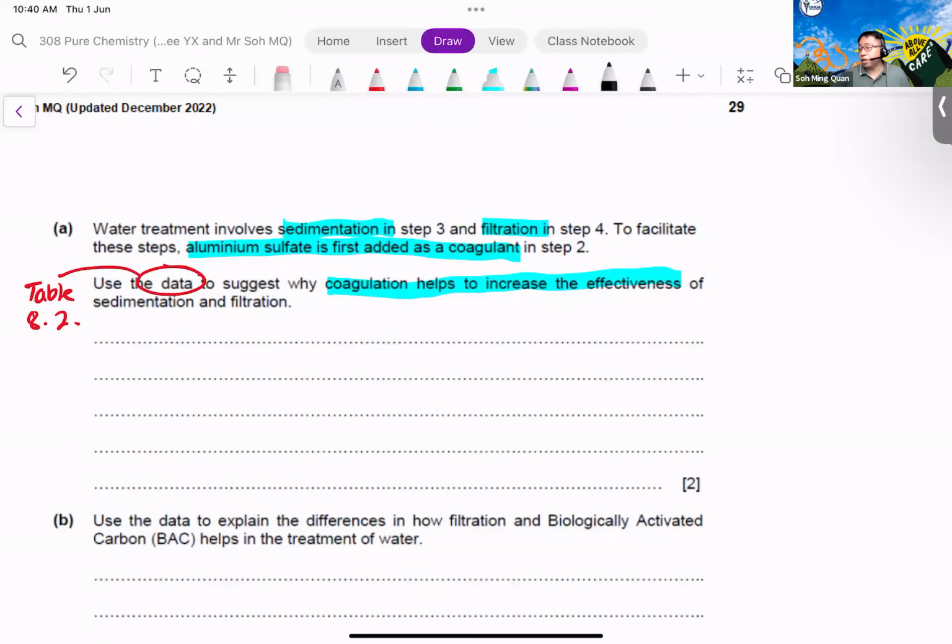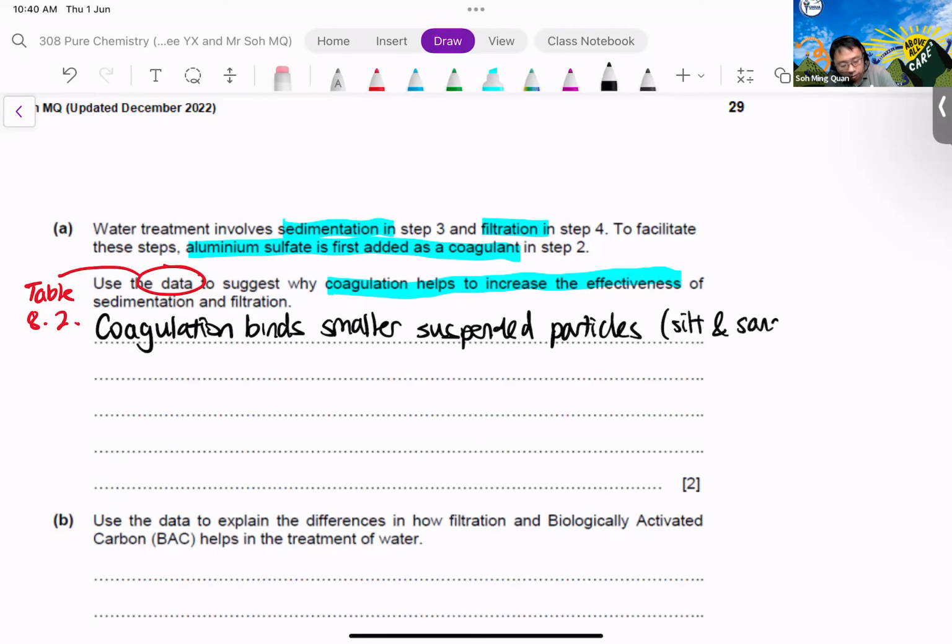Okay, so let's start now. How do we phrase our answers? So first, coagulation. You have been told coagulation binds smaller suspended particles like silt and sand to form larger, heavier clumps. If you just look at this, I didn't even rephrase. It's the same as Table 8.2.